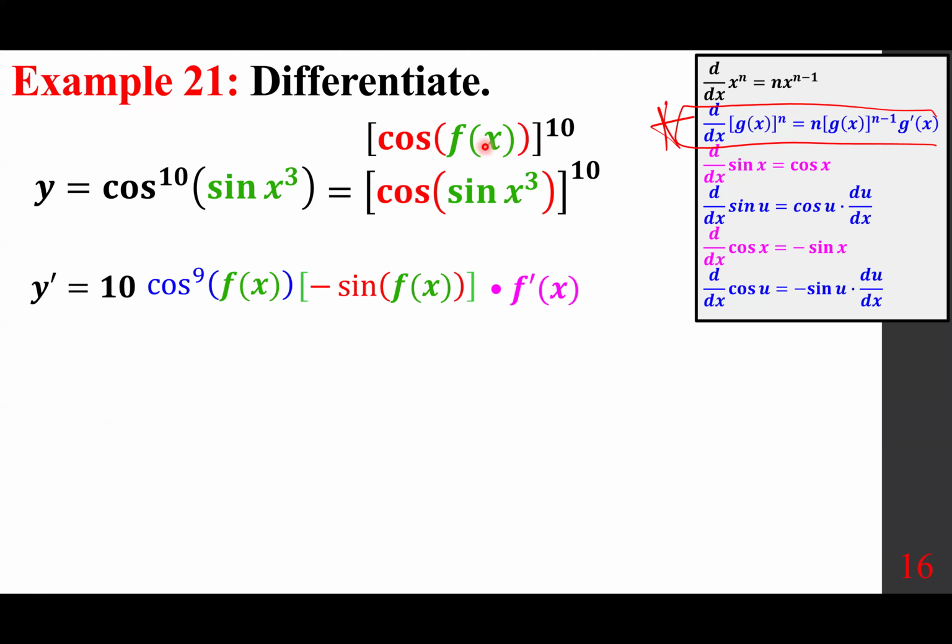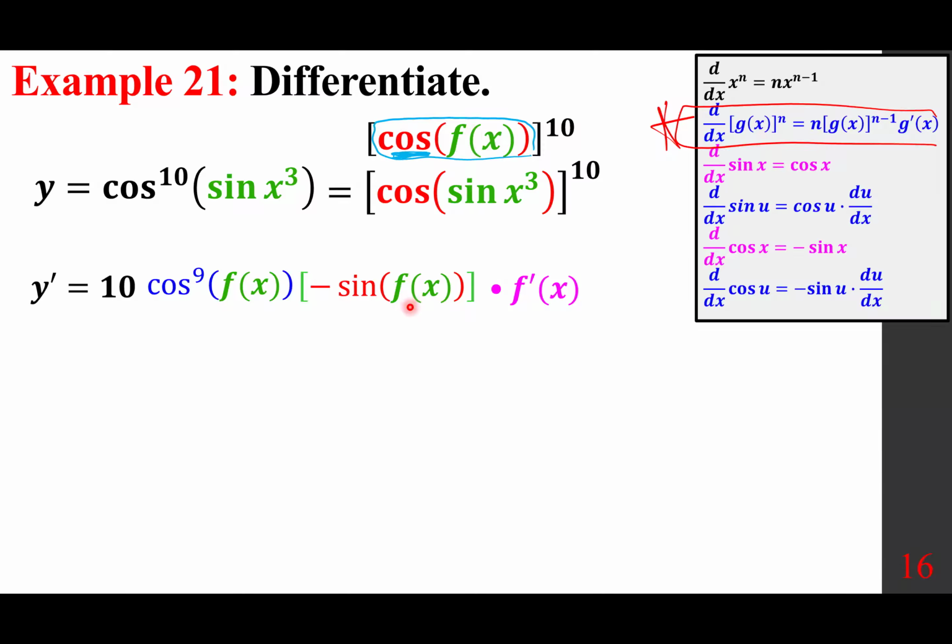Let's quickly recap. 10, same thing to the power of 9. Now you want to differentiate this cosine. Starting with just cosine, you get minus sine. Minus sine of what? Same argument.